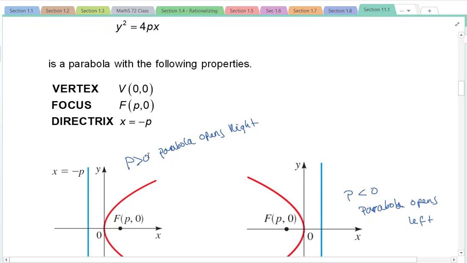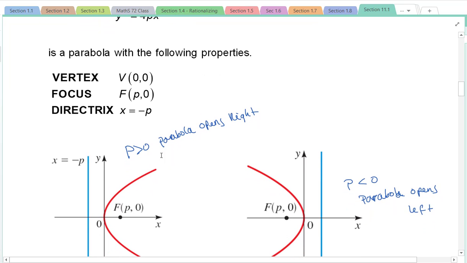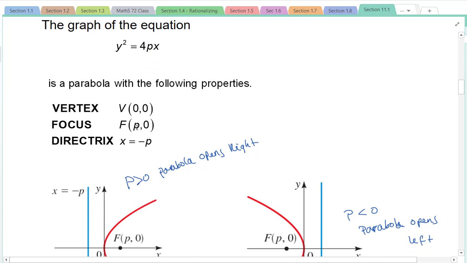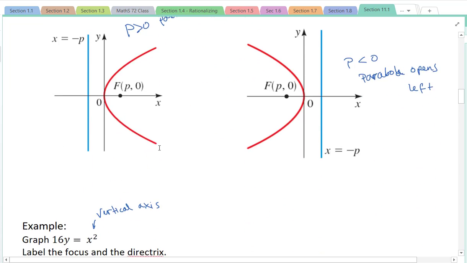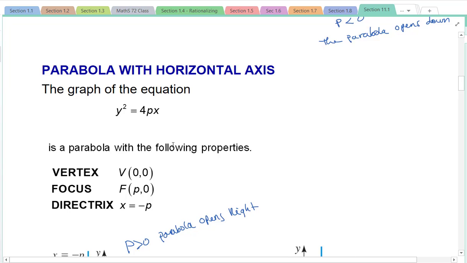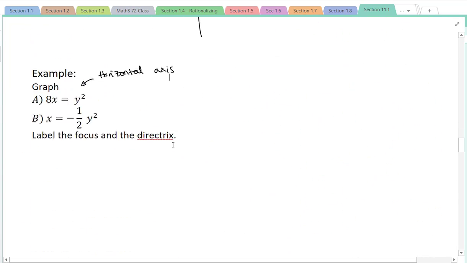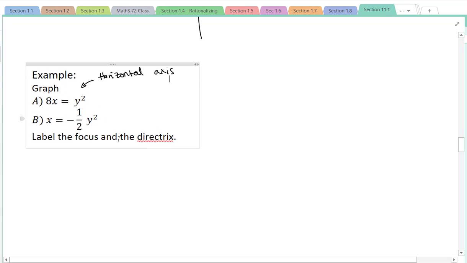In the following sections, I think it's section 11.4, we're going to look at what parabolas like this with a shift look like. So the focus, now notice that the x is p and the y is 0, and the directrix is a vertical line, x equals negative p. But the 4p still stands. So here I have 8x equals y squared.